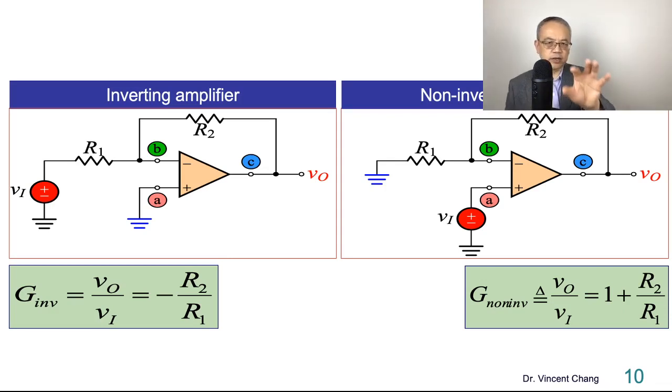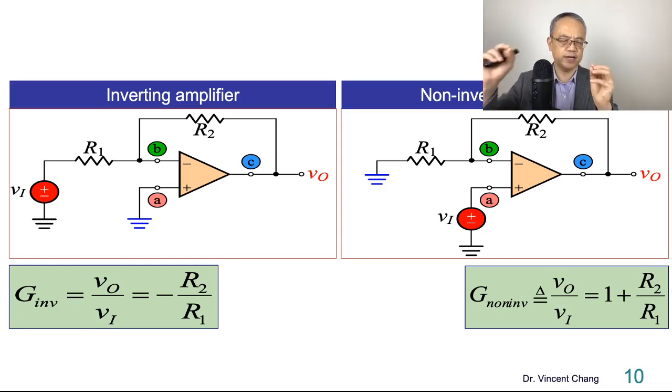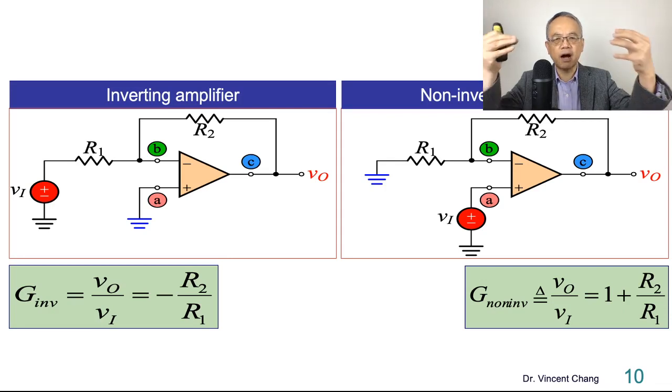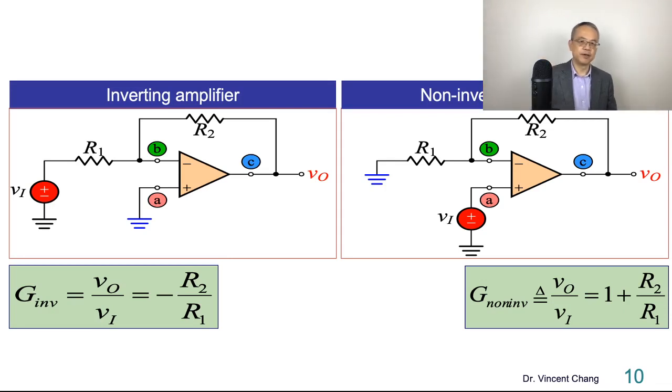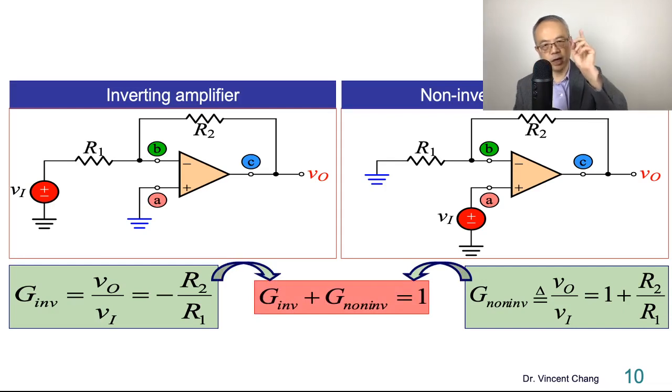So for a linear network, if you can flip the VI and the ground between two circuits, then the gains of these two circuits are complementary to each other. In other words, the sum of these two gains will be equal to 1.